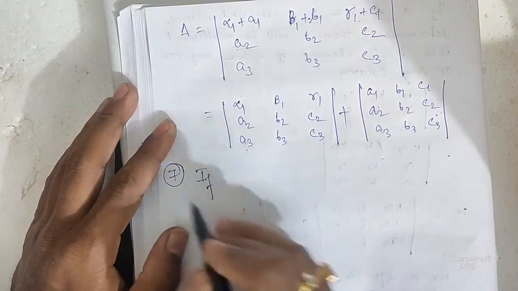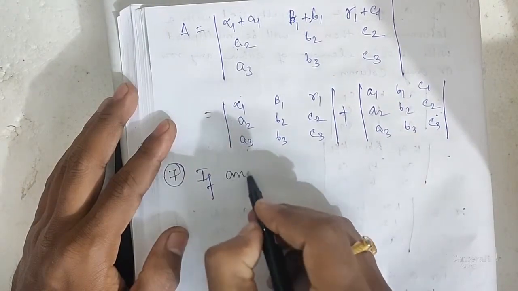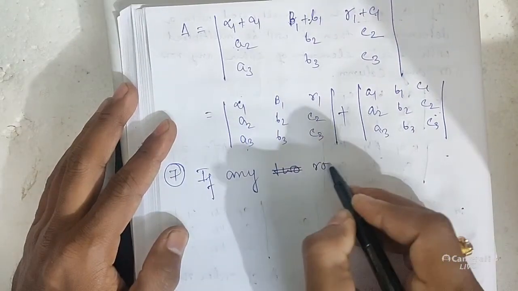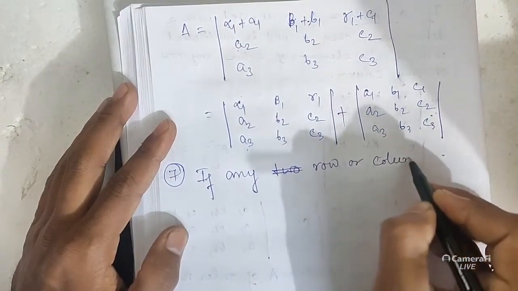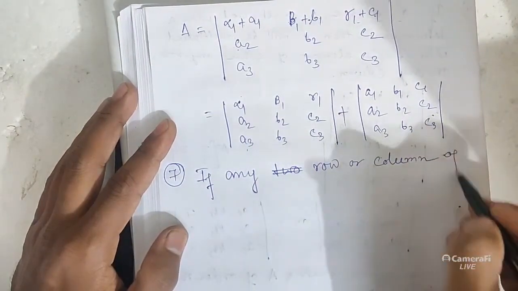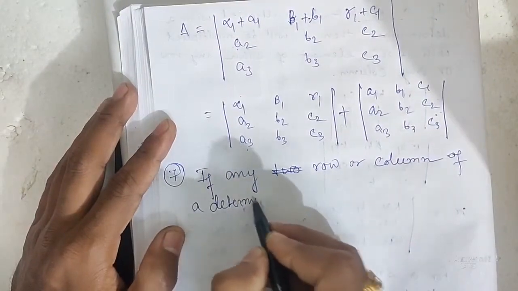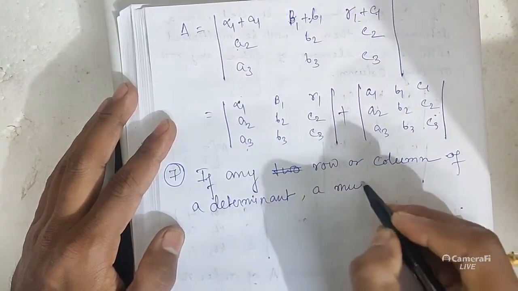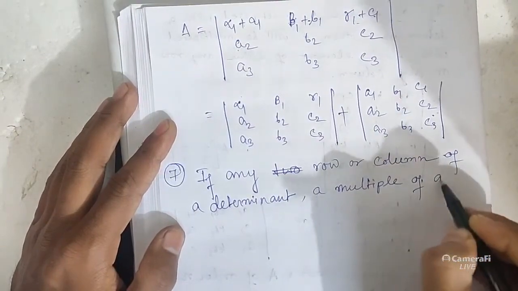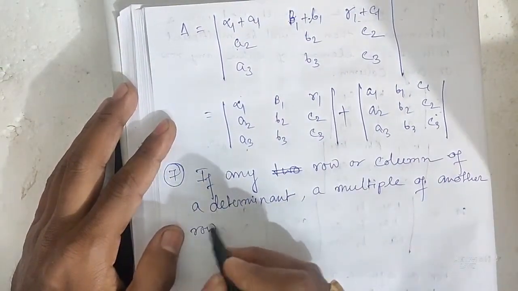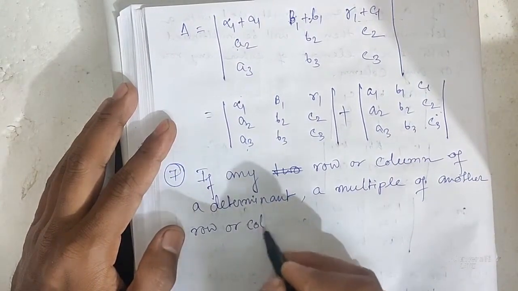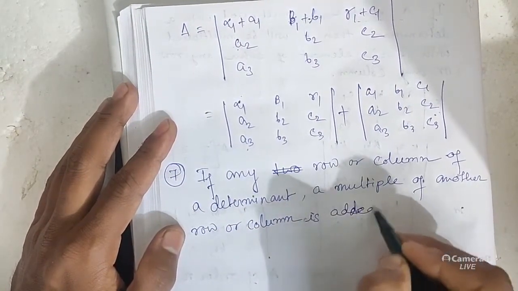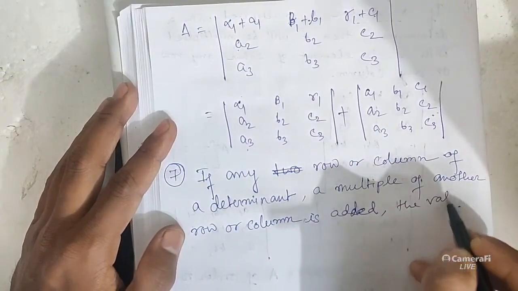Okay. And the last property: if any row or column of a determinant has a multiple of another row or column added to it, the value of the determinant remains the same.